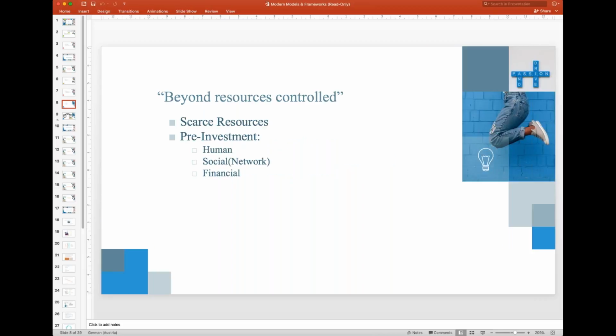Beyond resources controlled, resources are scarce. Everybody knows this. This is the essence of life. But pre-investment, and I'm not going to get into details about which investment, whether seed or round A, the only resources we have are our own time or our co-founders' time.